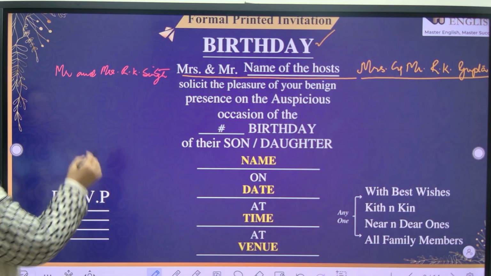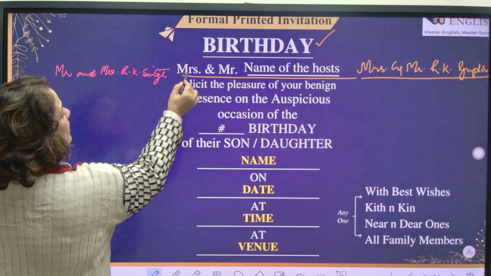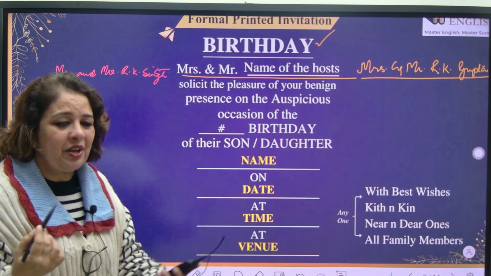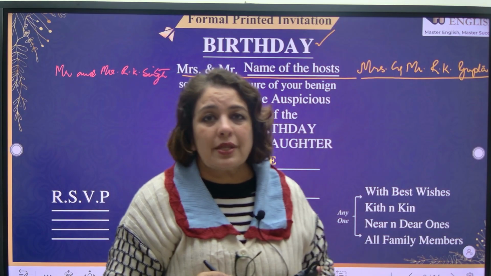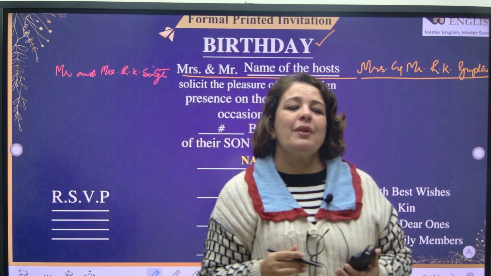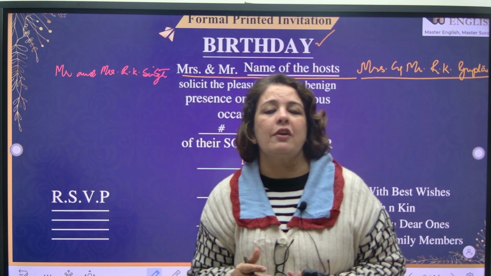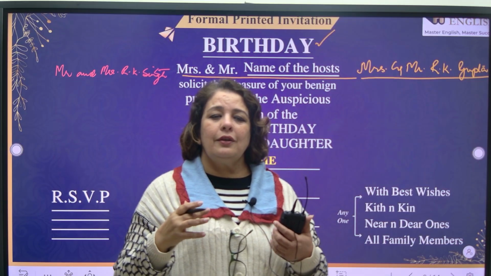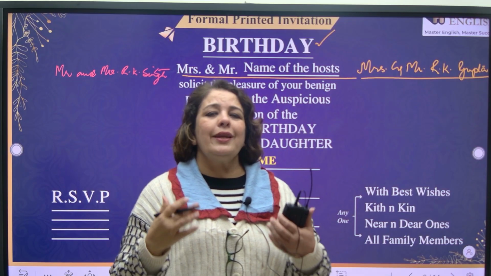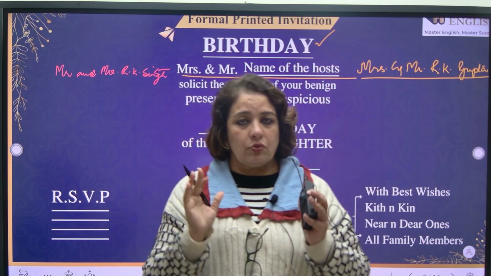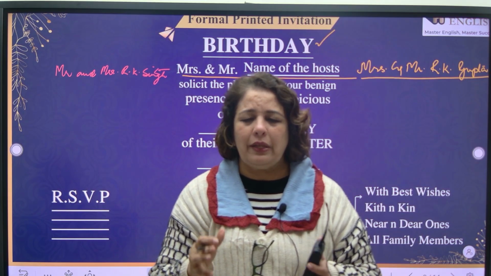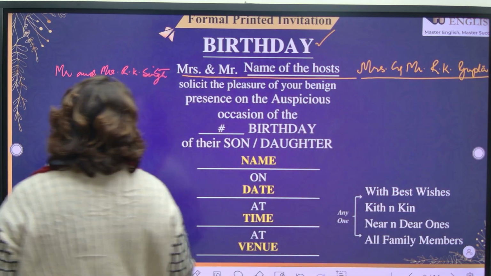Okay. Now I always tell them that if I have written Mrs. first and then I have written Mr., there has to be some reason. My students say maybe this is about just giving regard to women or just making them feel it is general etiquette. No, it is not from that point of view. Good if you feel that way, but it is not from that point of view.